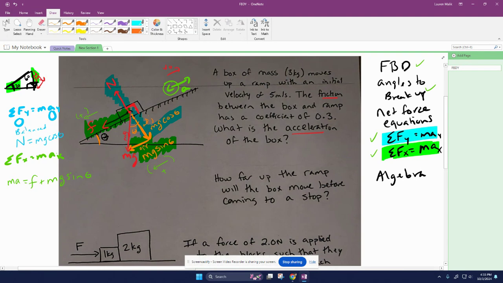When it comes to friction, when I think back to my question, it talks about a coefficient. Coefficient is mu. So when we talk about friction, friction is based on our mu times our normal force.